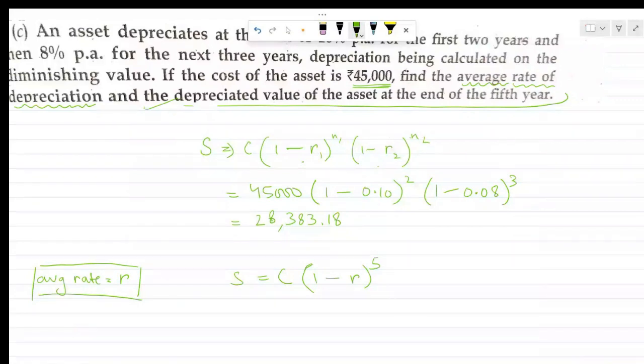All right. So now the next thing that we'll do is, we know our scrap value, that is 28,383. In the exam, you can ignore the decimal, all right. And the cost was basically 45,000.